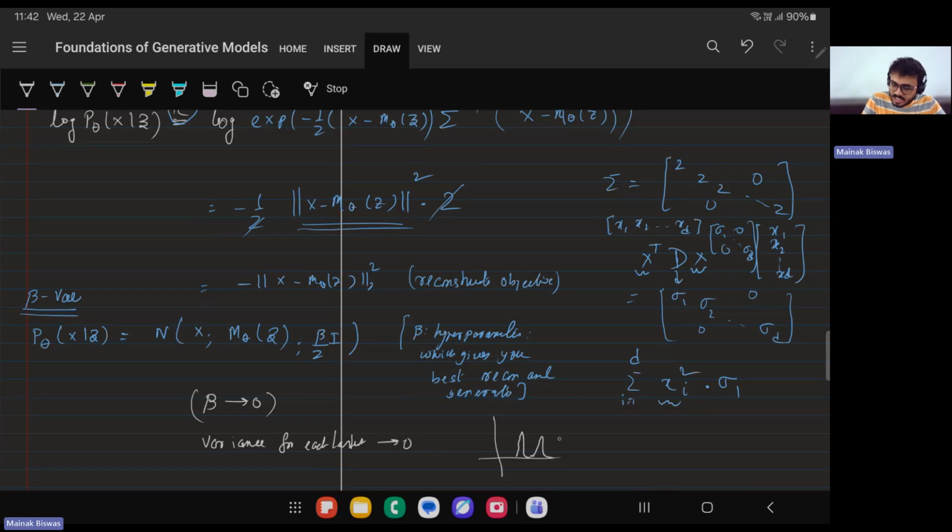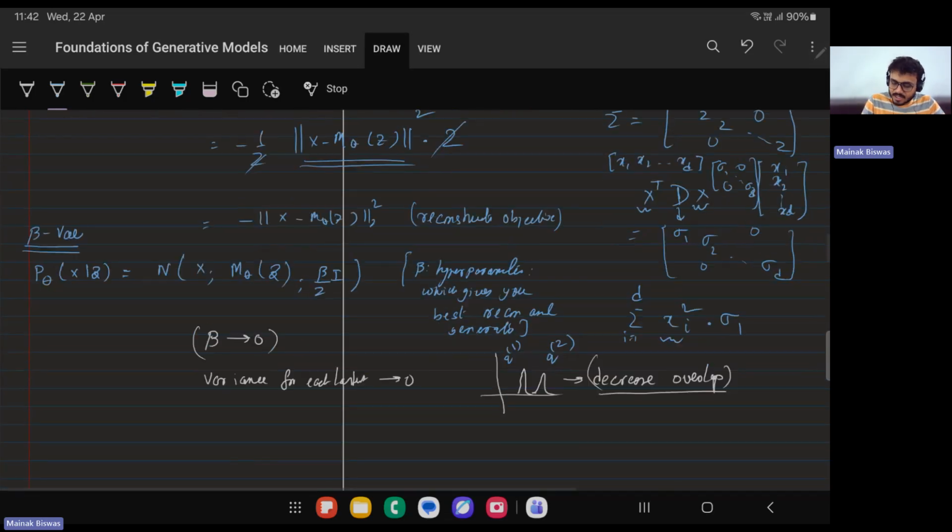And this would decrease the overlap between data. What would end up happening is that I would get perfect reconstruction. So if this was your Q2 distribution and this your Q1 distribution, you would never encounter an overlapping place, and you would get better reconstruction.